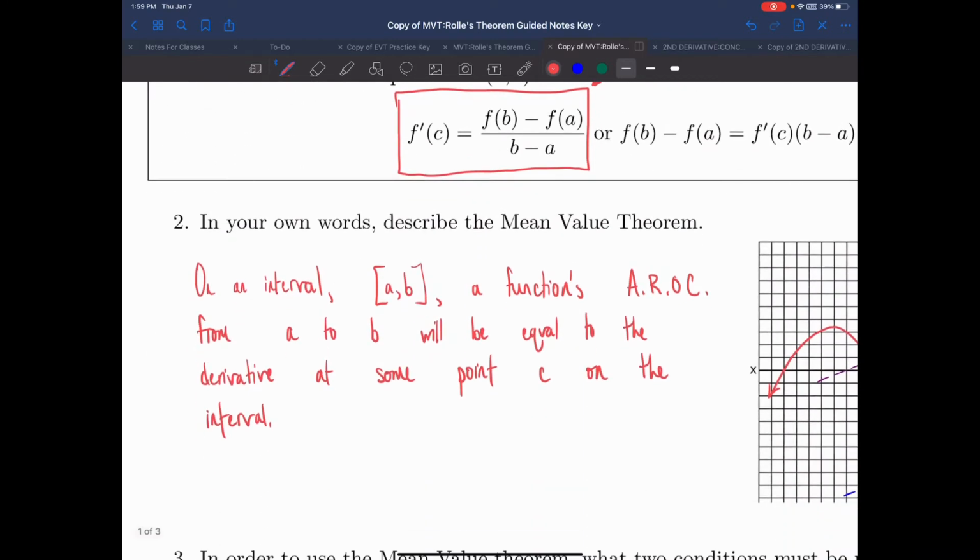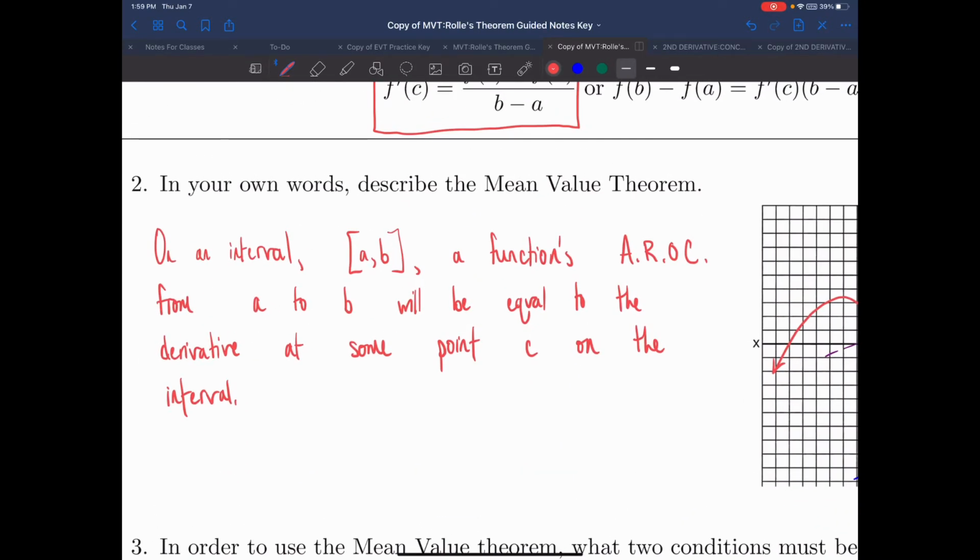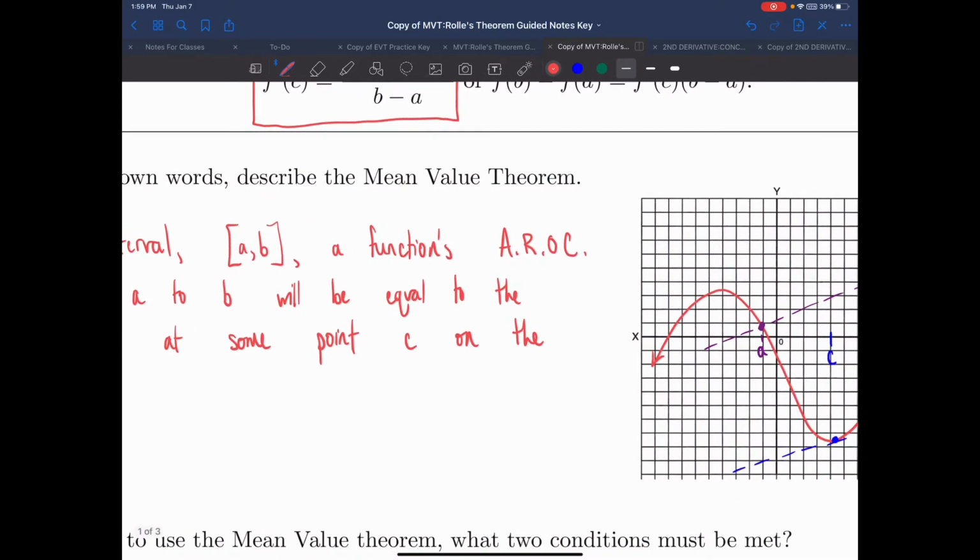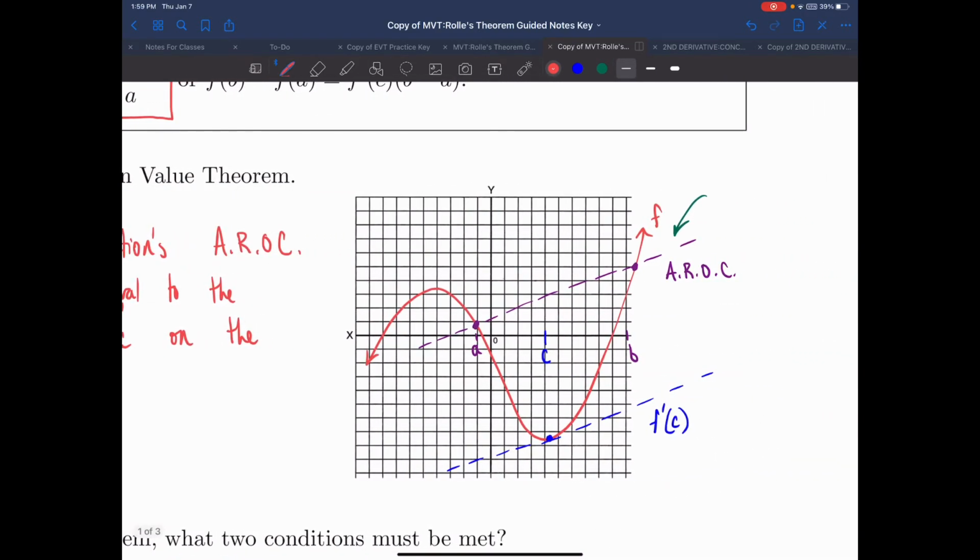If I restate that in writing, I wrote that here. On an interval a to b, a function's average rate of change from a to b will be equal to the derivative at some point c on the interval. So the visual for that is right here. I'm going to draw that green arrow again.